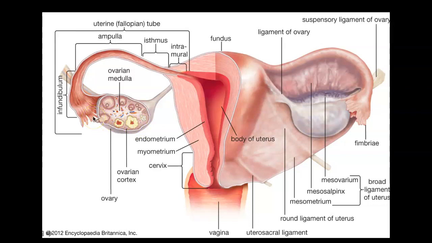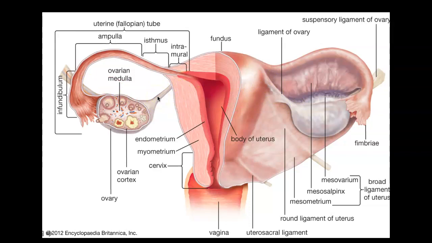So in this diagram, as I'm trying to stay in order here, we have vagina, just beyond the cervix. The ovarian ligament, or ligament of the ovary, is here.